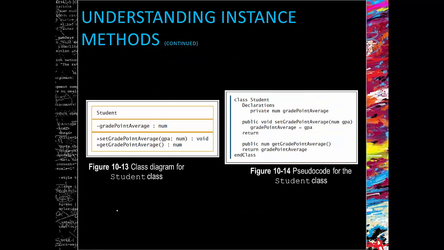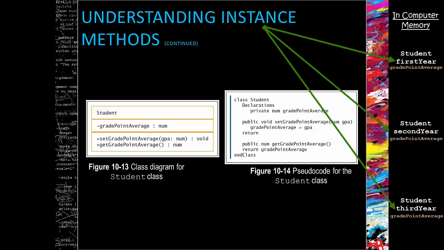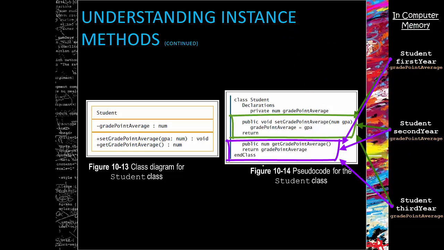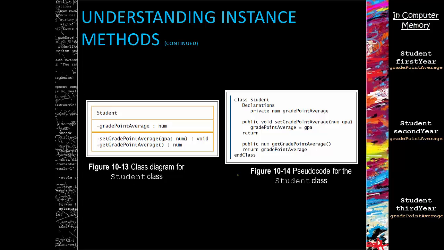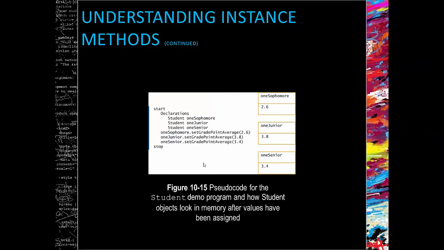So we could have many different instances or objects that you create of this student class. Each will have its own grade point average field, and each object will have access to this set and this get method. Now let's discuss storage location in computer memory with multiple student objects. We have three objects here: one sophomore, one junior, and one senior.